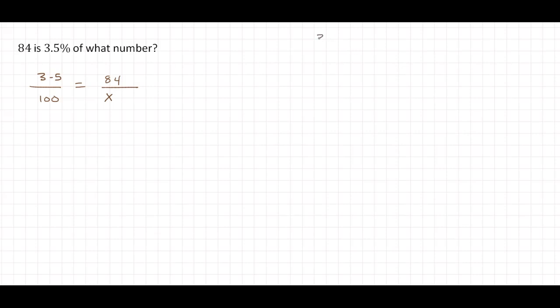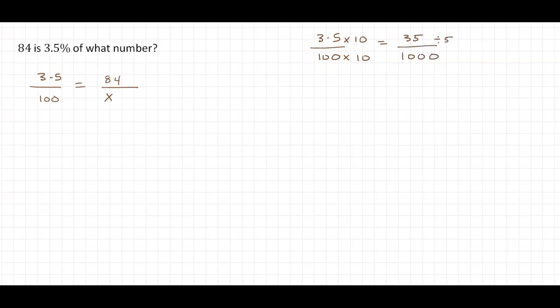So it's going to be 3.5 divided by 100. Now, you have a decimal up here, and you have one place after the decimal. So I'm going to multiply by 10 to get rid of the decimal, because when I multiply by 10, I move the decimal to the right. So it's coming after the number. So I also multiply the denominator by 10. So I have 35 divided by 1000.